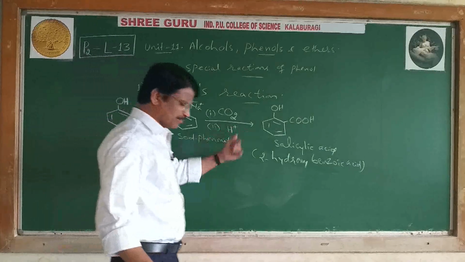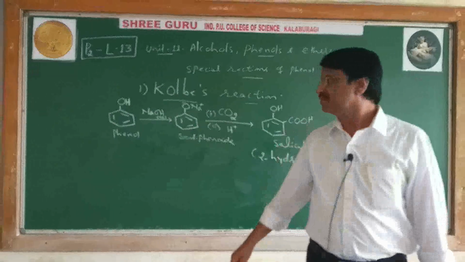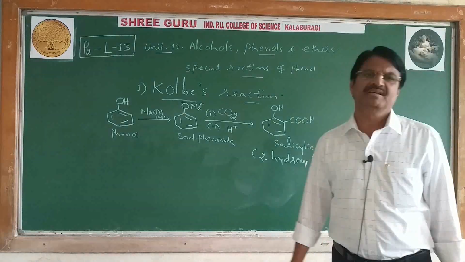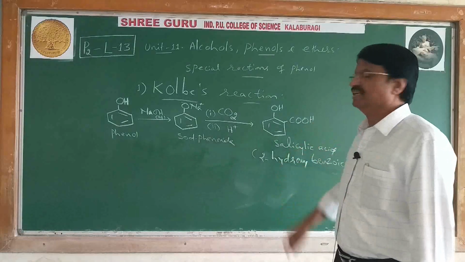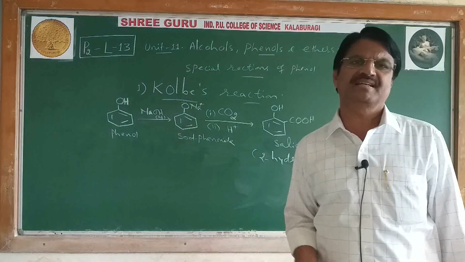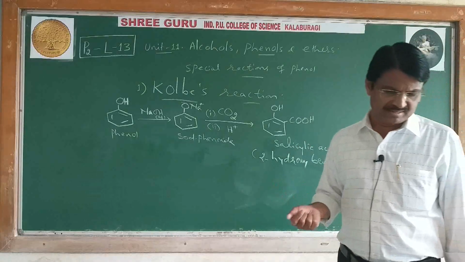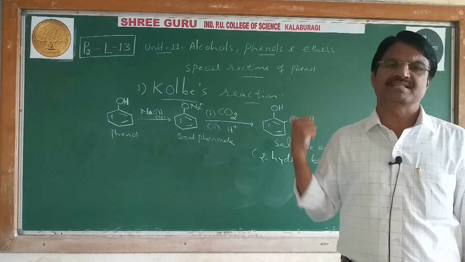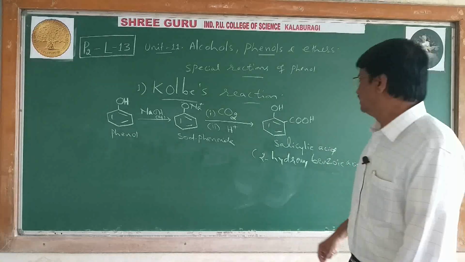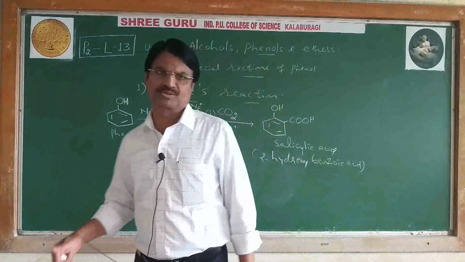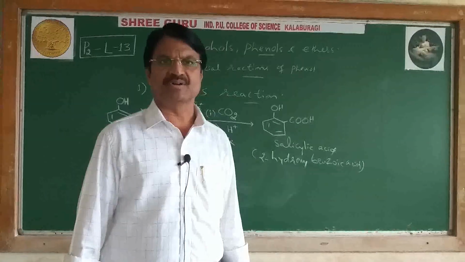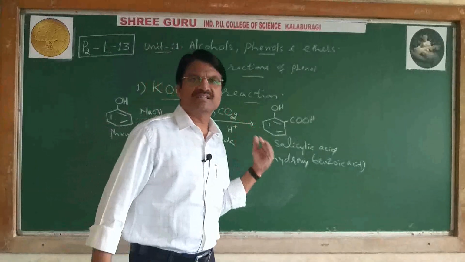It has important applications. Using salicylic acid, one can prepare methyl salicylate, called oil of wintergreen, which is used as an analgesic. Even phenyl salicylate can be prepared, called Salol, which is an intestinal antiseptic.